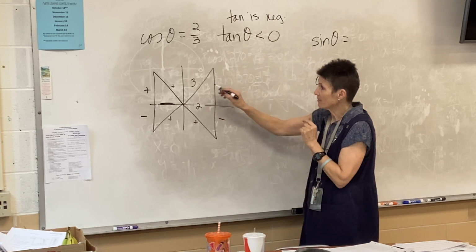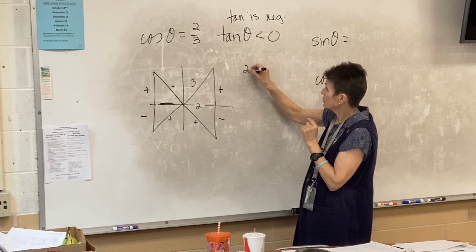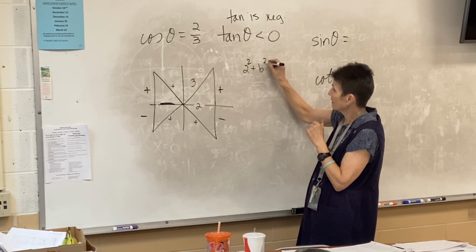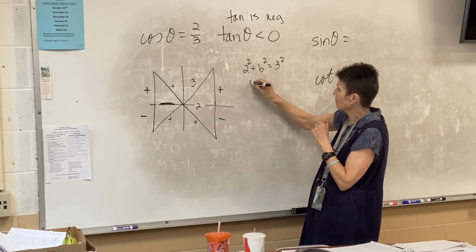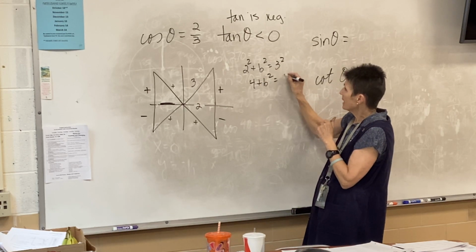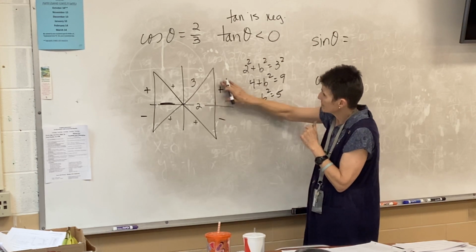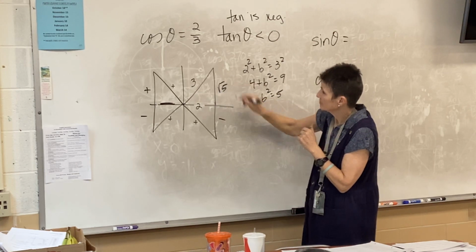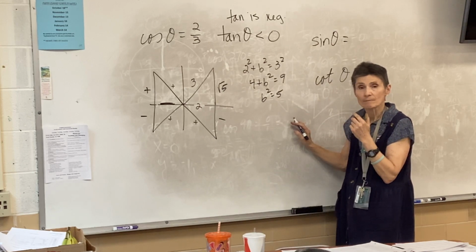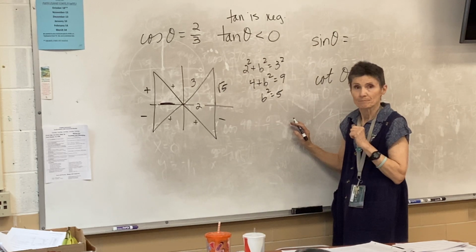You could do your Pythagorean theorem, 2 squared plus b squared equals 3 squared, just like we've done before, and you would get this to be the square root of 5. Perfect. Here's the problem.